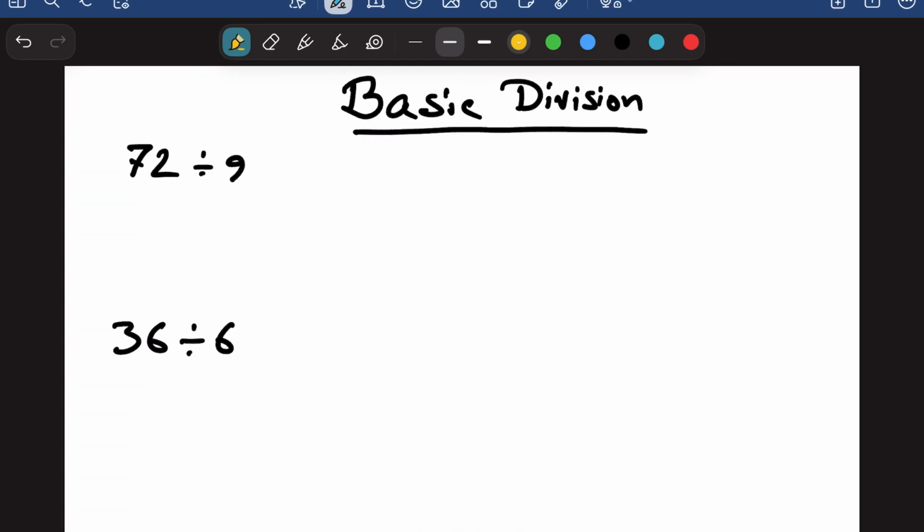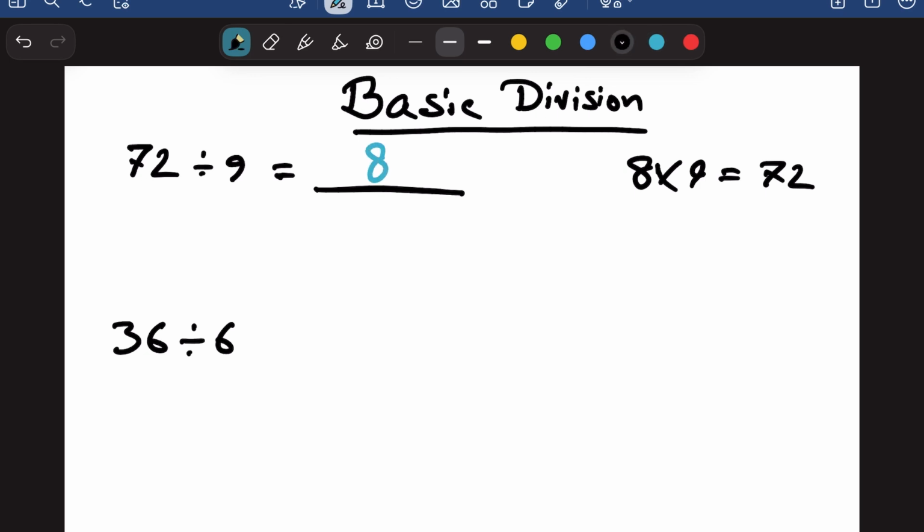First, we have some basic divisions. For these ones, you need to know your times table. That means 72 divided by 9 equals what? If you know your 8 times table or the 9 times table, you know that 8 times 9 is 72. That means 72 divided by 9 is 8.